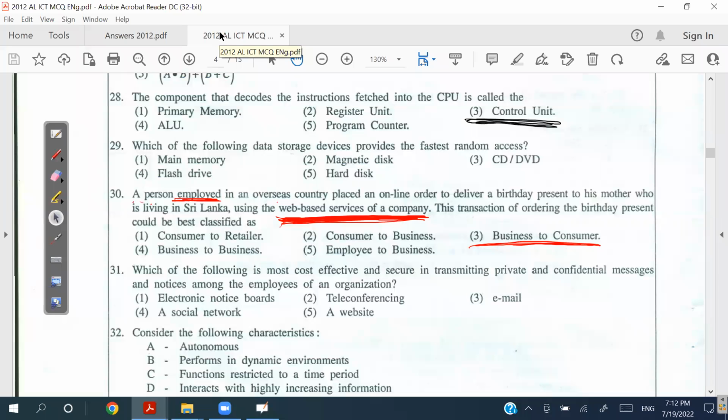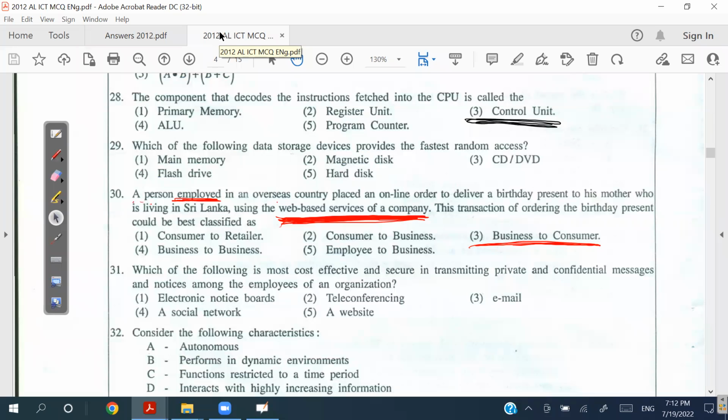Ordering means something like this: I am paying a company to give me a service of delivering a present to my mother, right? So it is a service that they are providing me. The service is provided by the business and I'm the one who's receiving it.